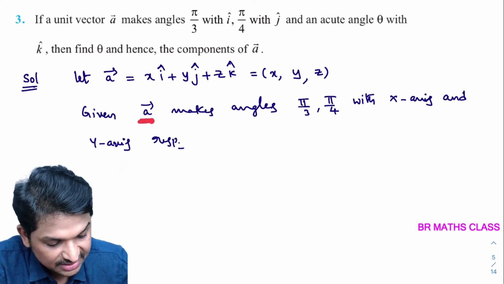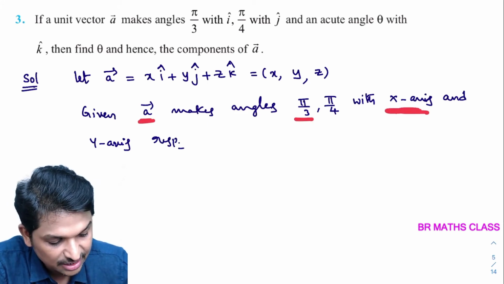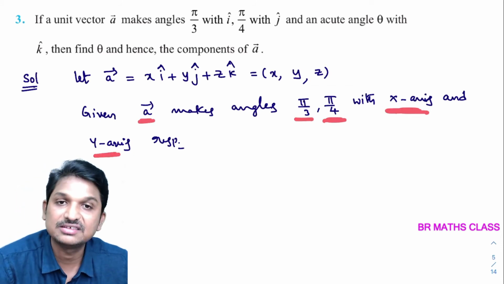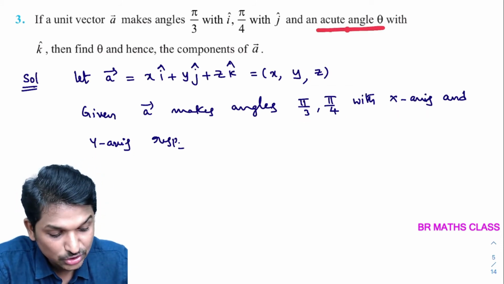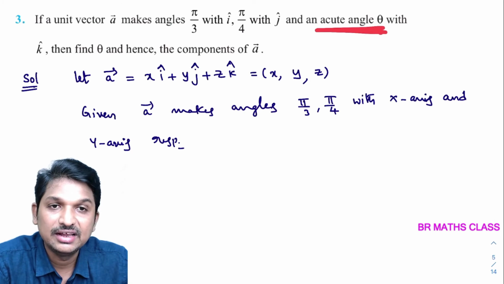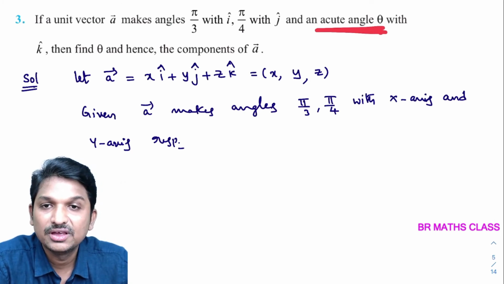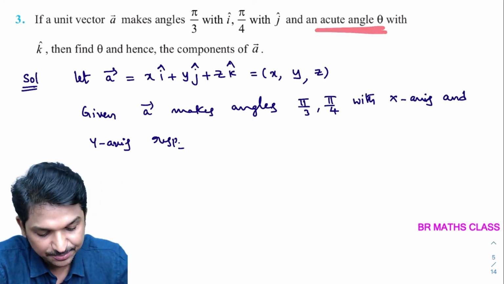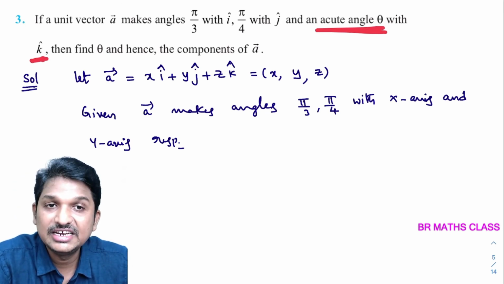That means A bar makes an angle pi by 3 with x axis, and A bar makes an angle pi by 4 with y axis. And you see here an acute angle theta, they are saying acute angle theta: A bar makes an angle theta with k cap.